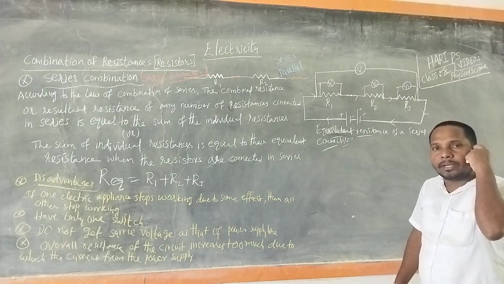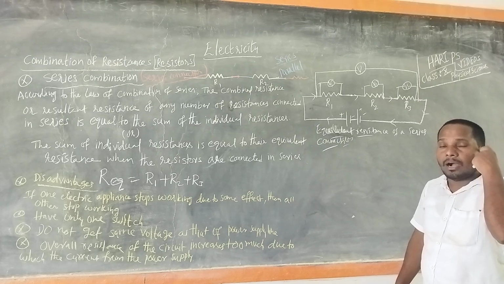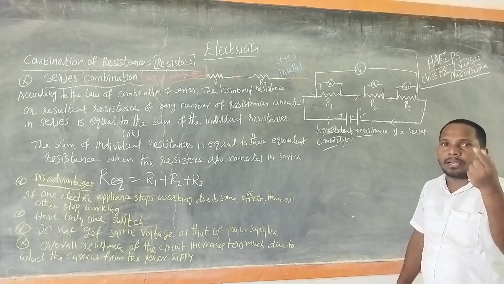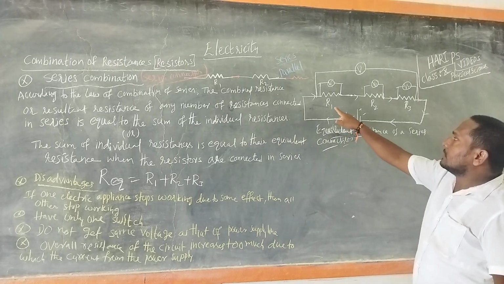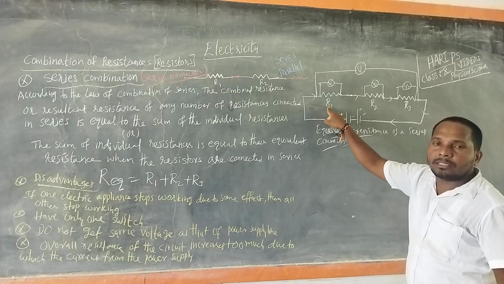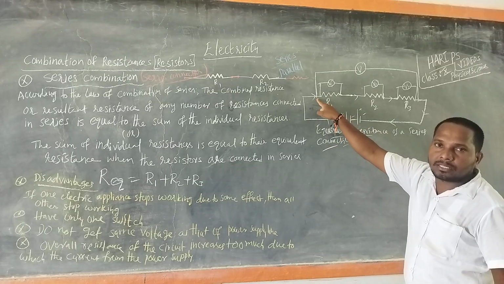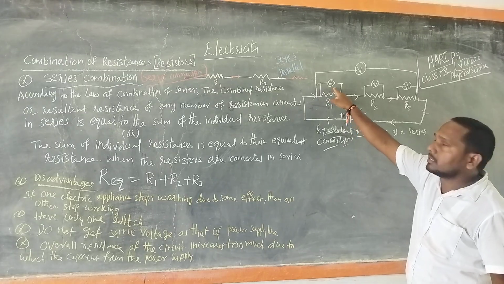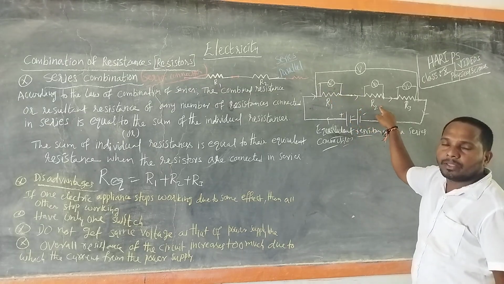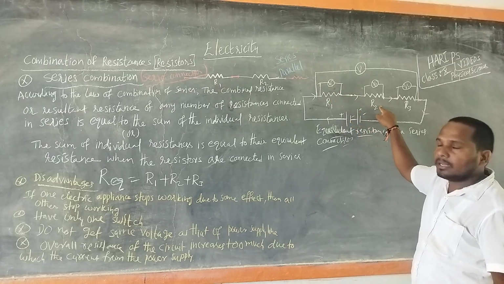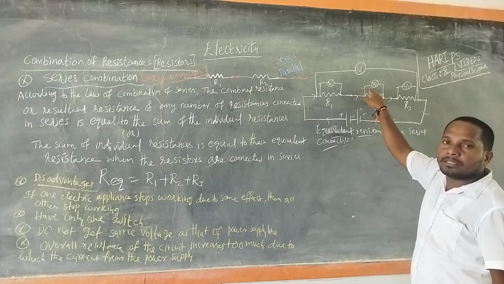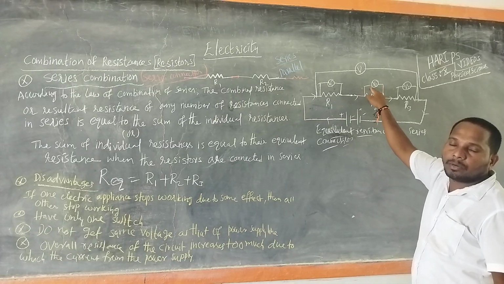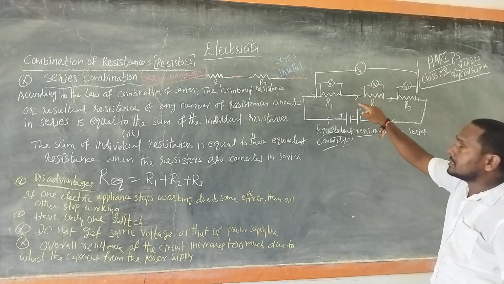If there is no potential difference in the resistor or in an electric conductor, the current cannot flow. R1 is the resistance of the first resistor, V1 is the potential difference of the first resistor. R2 is the resistance of the second resistor, V2 is the potential difference of the second resistor.